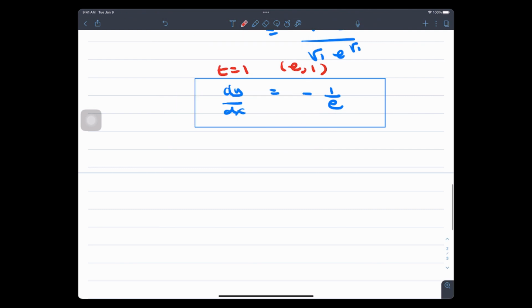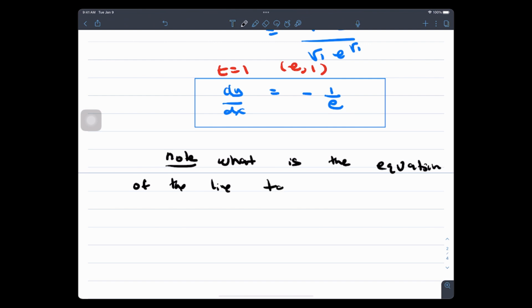So you might say, what does that really mean again? Let's note what they can say to you is this. What is the equation of the line, remember that from Calculus 1, tangent to the curve when t equals 1?